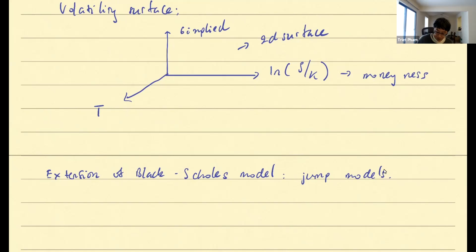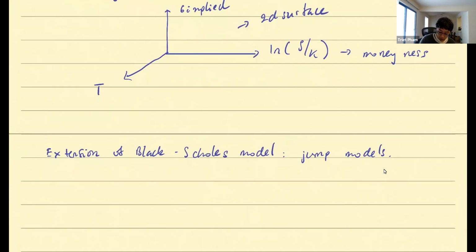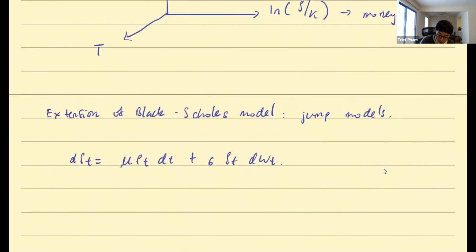So the idea is that before, what we have is a stock model like this. Okay, so it gives us something nice. In other words, it gives us that the percentage return has mean mu, has variance sigma square, and is normally distributed.